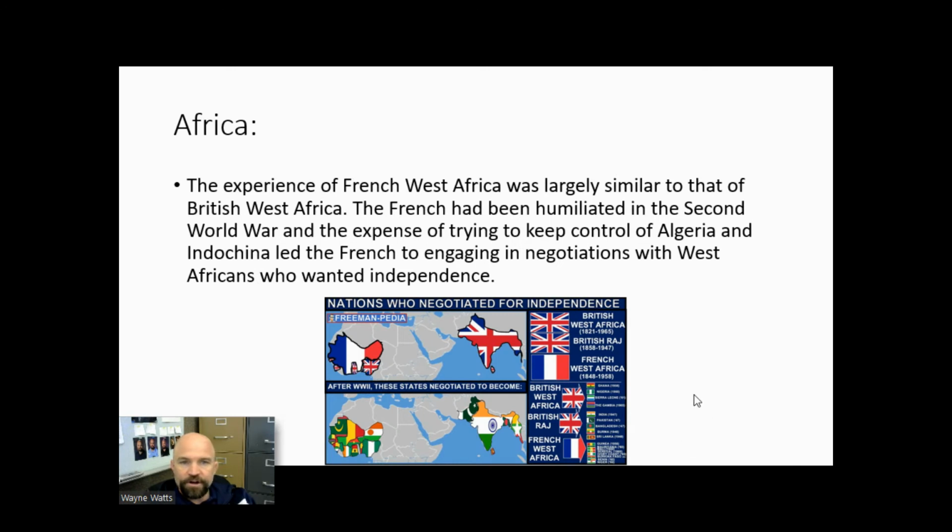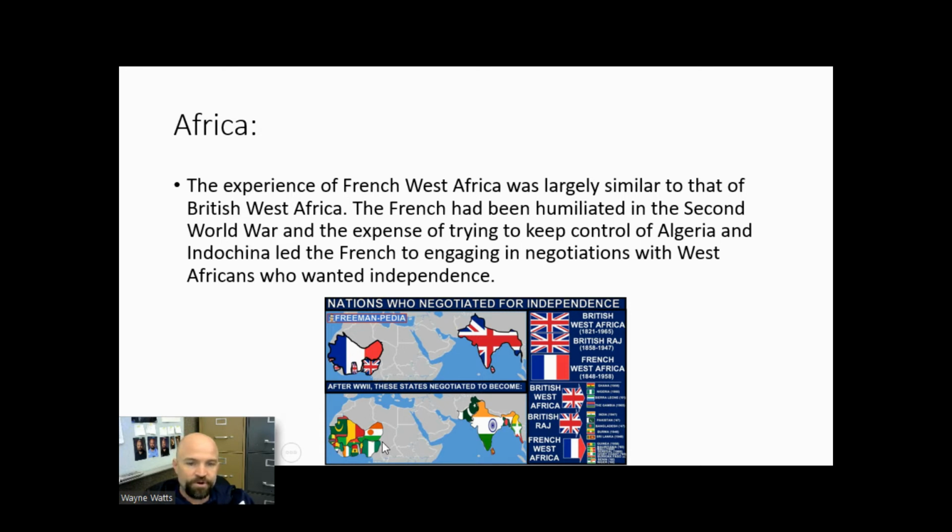The experience of French West Africa was largely similar to that of British West Africa. The French had been humiliated in the Second World War, and the expense of trying to keep control of Algeria and Indochina led the French to engage in negotiations with West Africans who wanted independence.